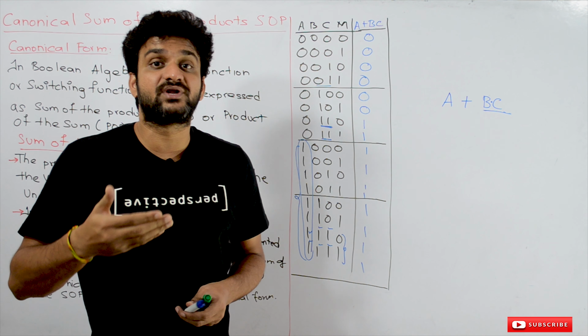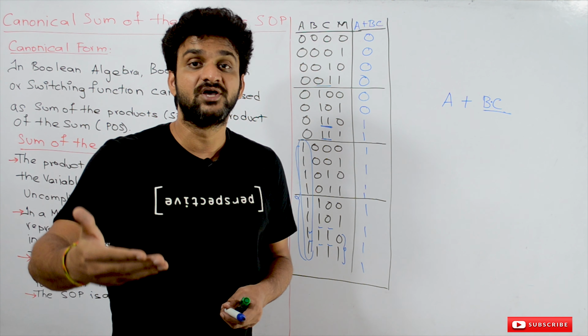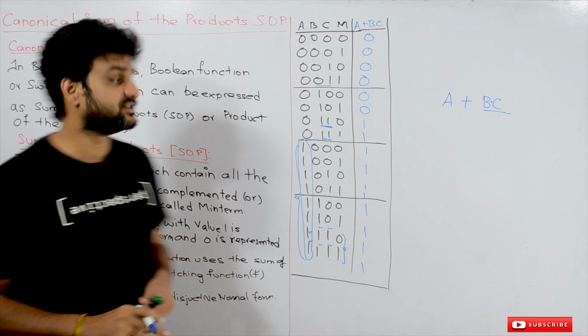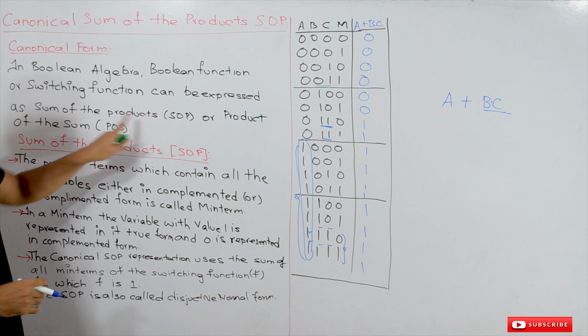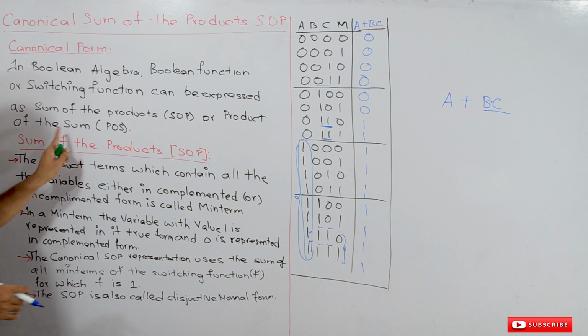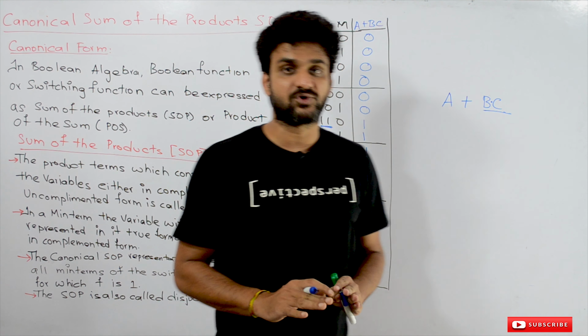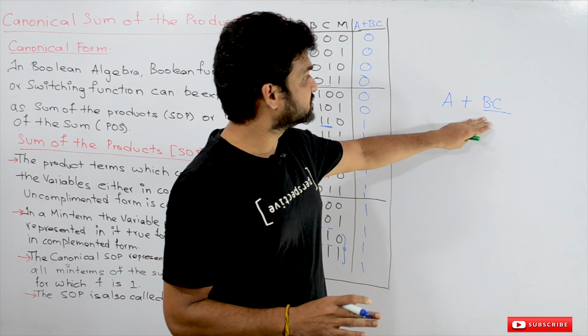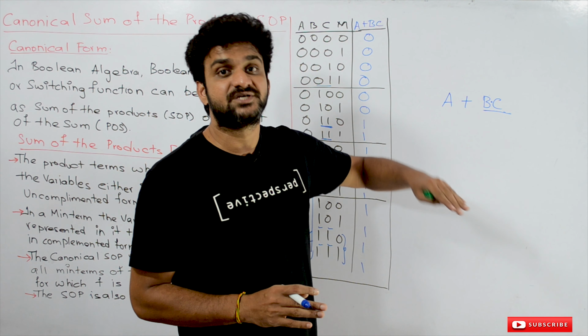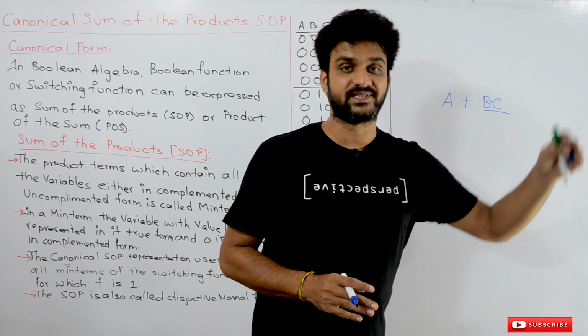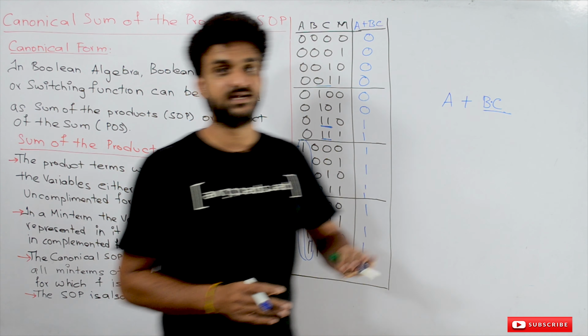Whenever we try to represent a Boolean function, we use either of these methods. In this class, we will try to understand the sum of products method, and how Boolean expressions are expressed using it.